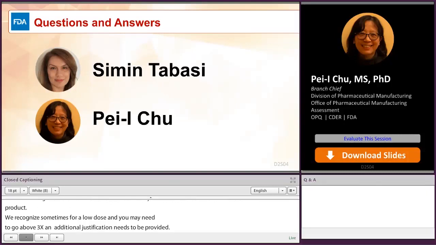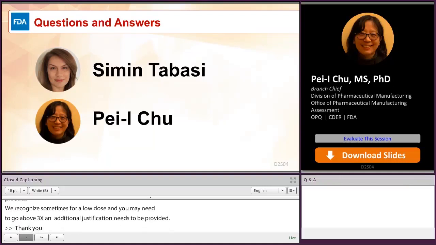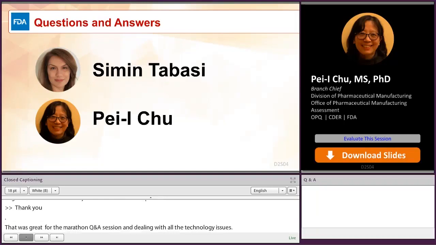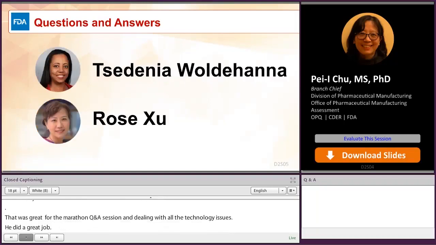However, we do recognize that sometimes for a very low dose, you may need to go above the 3x, and in that case, additional justification needs to be provided to demonstrate that your blend is homogeneous. We are now going to go ahead and move on to the next session, which is going to be presented.